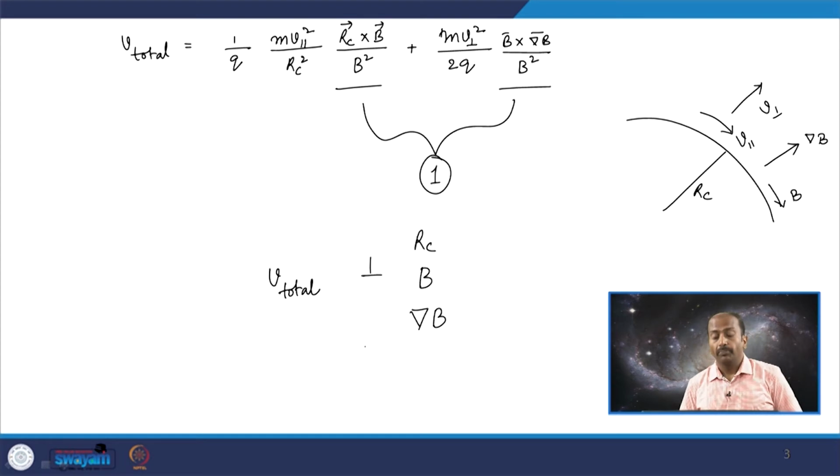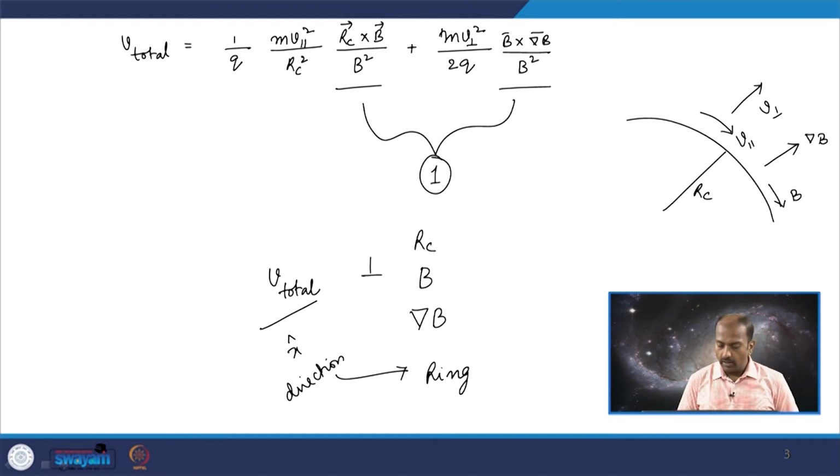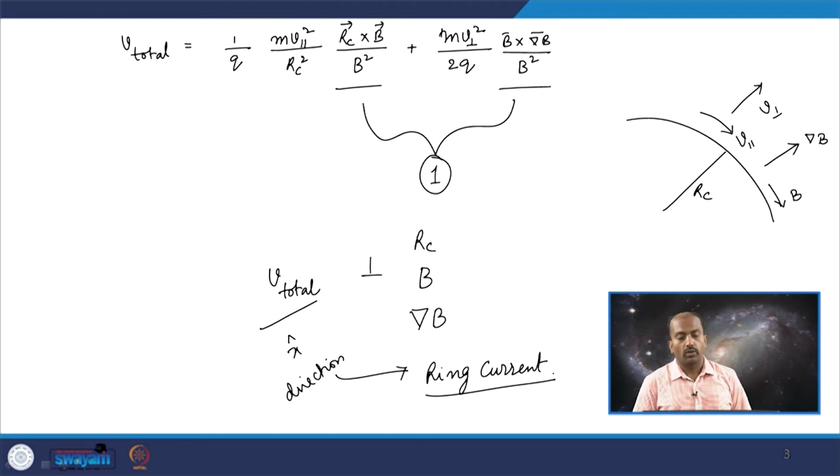We have seen the consequence of this alignment: the total drift velocity attributed to a particle is perpendicular to the radius of curvature, the magnetic field and the gradient of the magnetic field. This is why we said that V total will probably be in the x cap direction, to facilitate the formation of the planetary ring current. The equatorial or toroidal ring current that flows around the planet is called the planetary ring current, right.